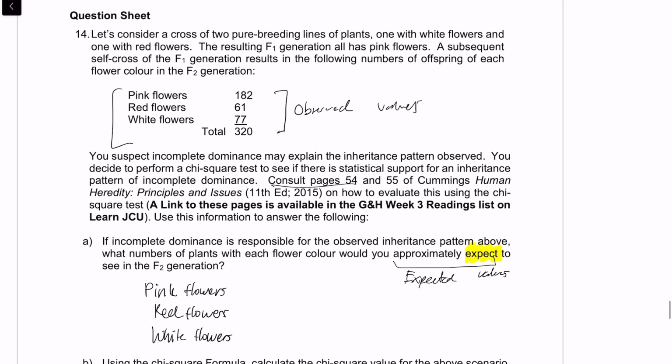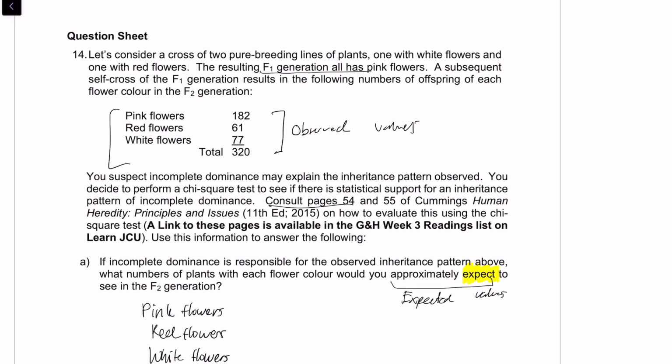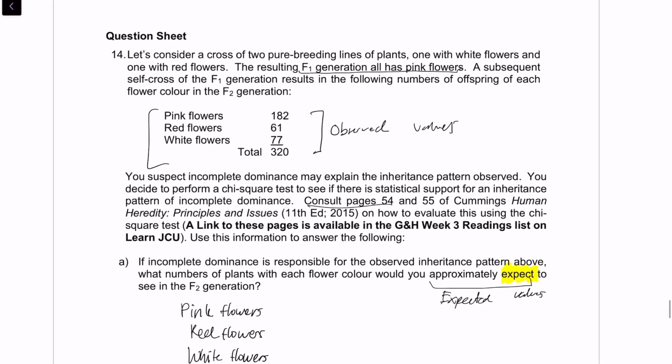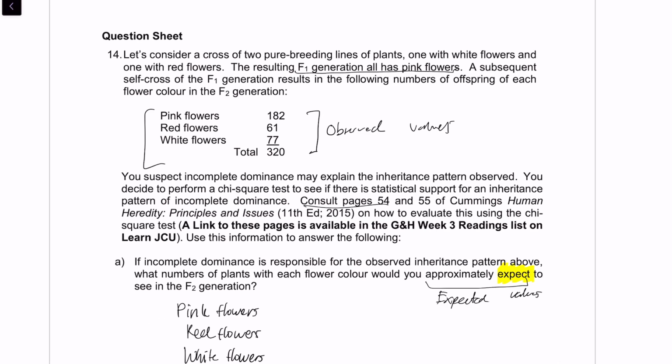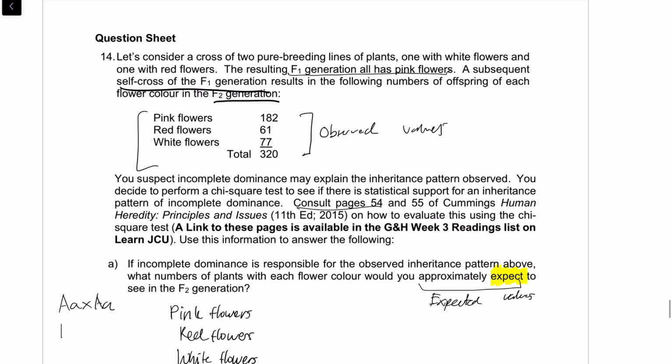Okay. And we know that if all of the F1 generation is pink, that means they're heterozygous. So let's say we're using A as our letter. So crossbreeding two heterozygotes, because the F2 generation is a self-cross of the F1 generation where they're all pink, will give us that 1 to 2 to 1 ratio where half of them are going to be the pink flowers, or in other words, 2 out of the 4 parts here.